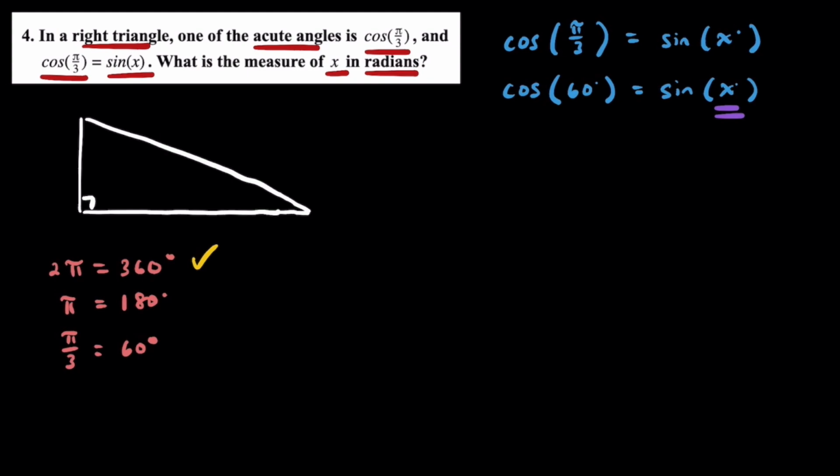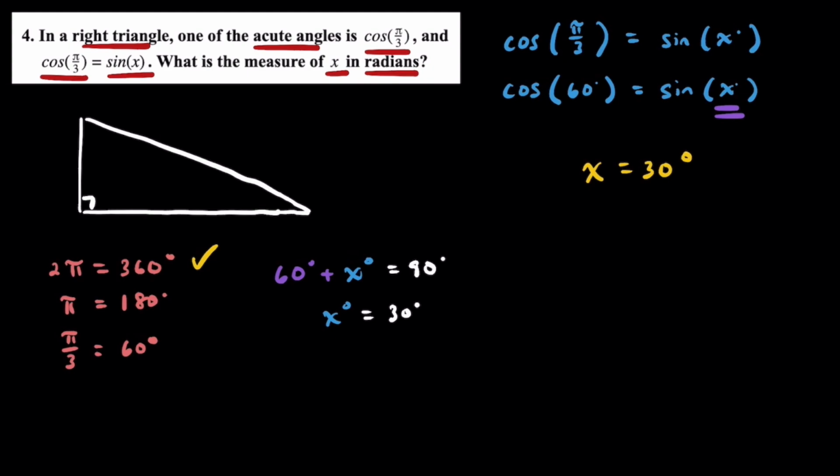So the way you can think about this is maybe 60 degrees, which we already know, plus what angle, that's going to be x degrees, is equal to 90 degrees, right? They're going to be complementary to each other. And if we take away 60 from both sides, then we can say that this x degrees must equal 30 degrees. Right? Sine of 30 should equal cosine of 60. So at this point, we can say that x equals 30 degrees.